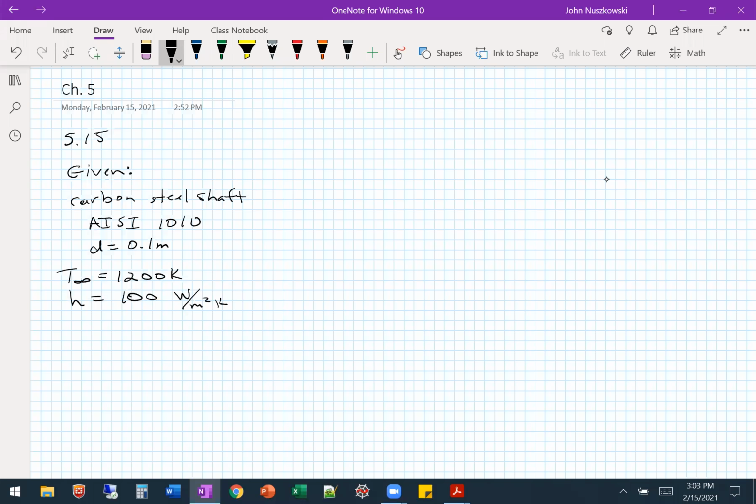We have an initial temperature of 300 Kelvin, a centerline temperature that it's asking for of 800 Kelvin, and then they want us to find how long must they remain in the furnace to achieve that. So we're looking for a delta t.